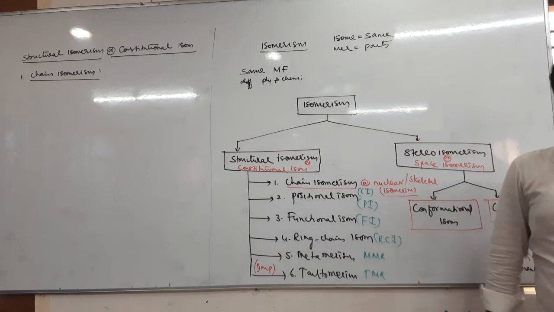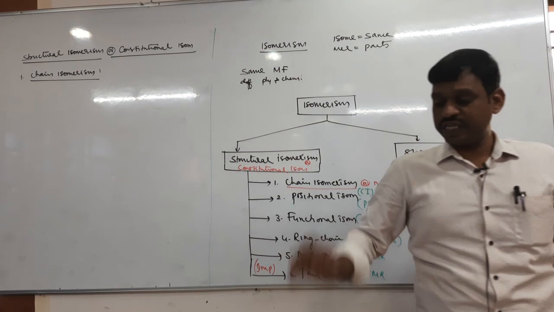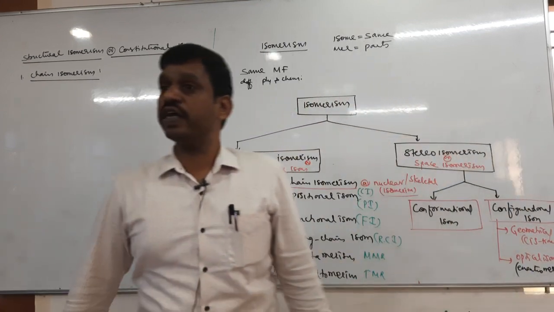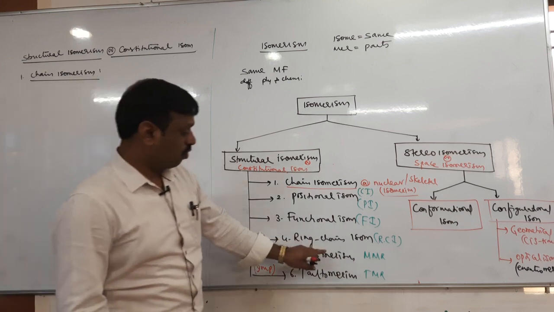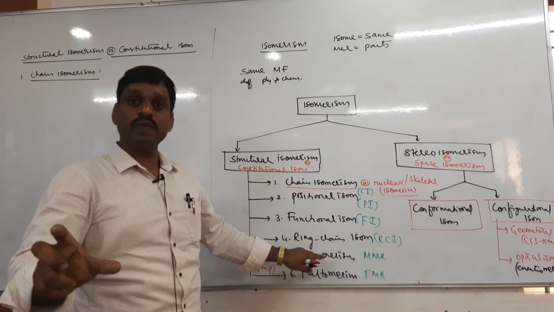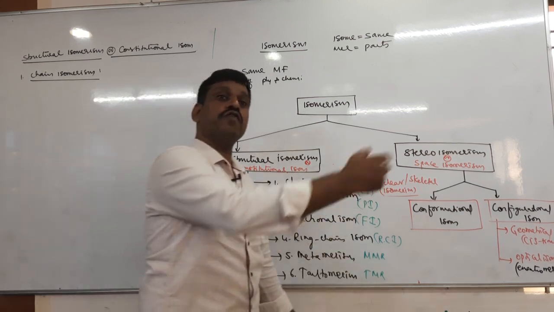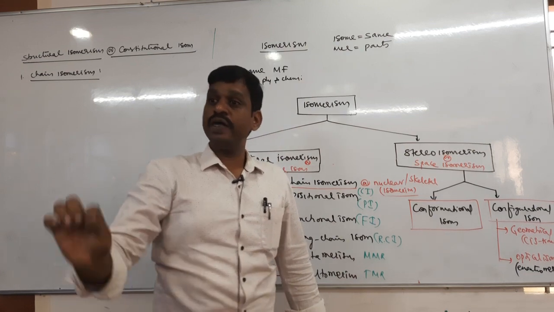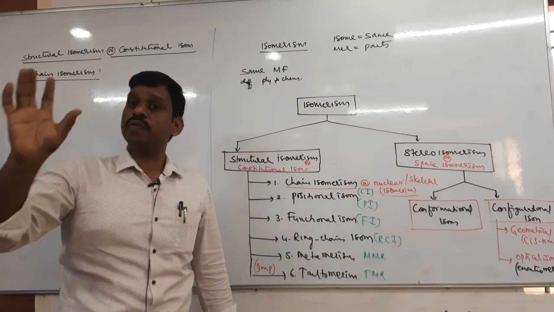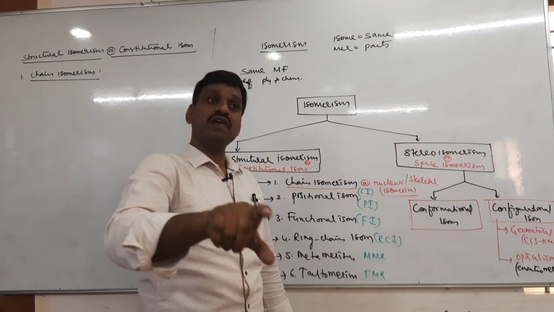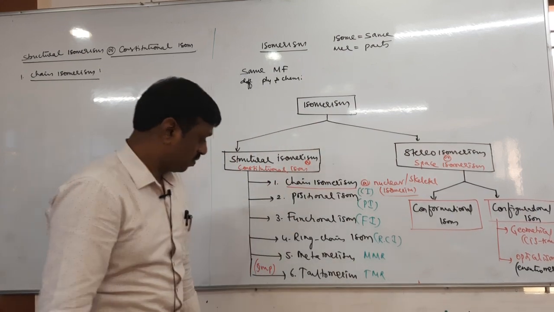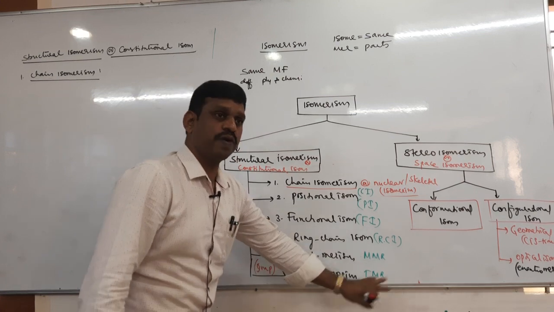And ring chain: same molecular formula, but they differ in the mode of attachment of carbon-carbon bond. One is an open chain, the other forms a cyclic ring. Tautomerism we will study separately.